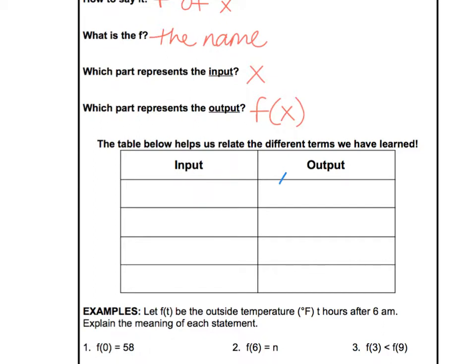Input. So input and output, what's the first thing we talked about with inputs and outputs? What's the first name that we have for it? Domain is x. Domain is input. And what's the outputs? Range. Okay. What else do we say?